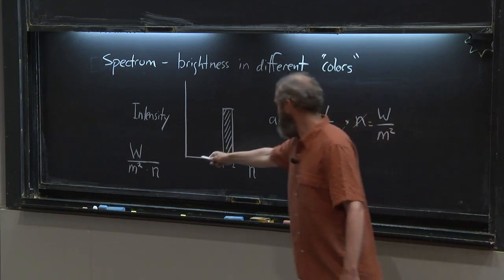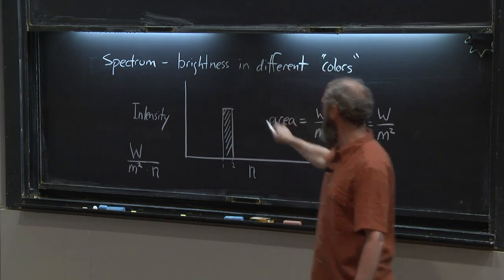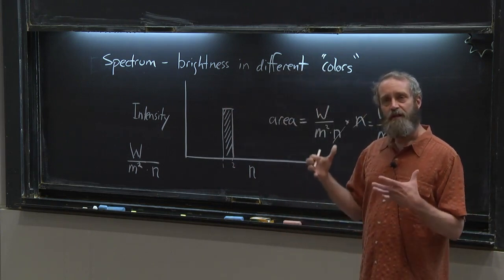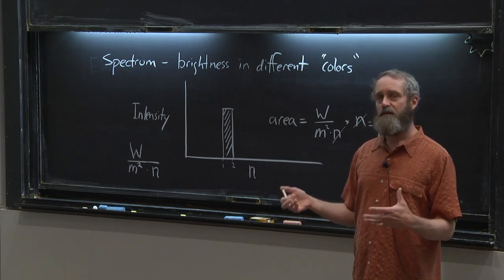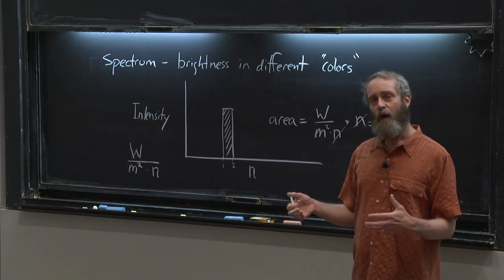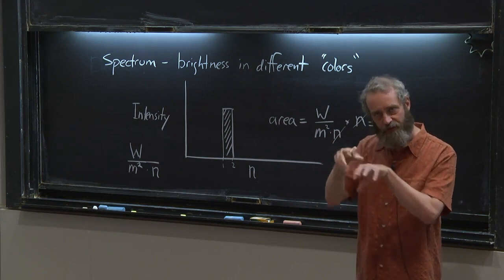So that means that these plots are drawn so that the area under the total curve is the total energy leaving the object in nice units that you now understand of watts per square meter of the surface of the object.